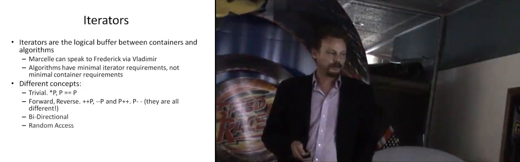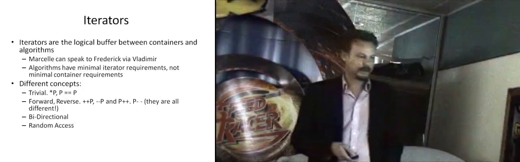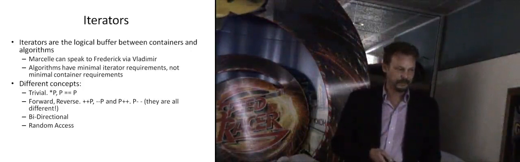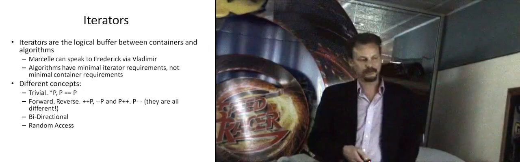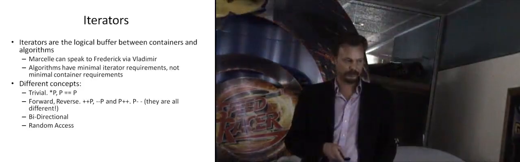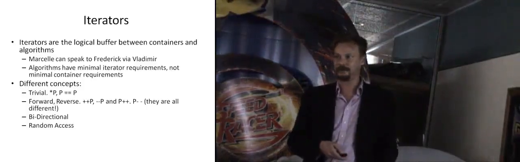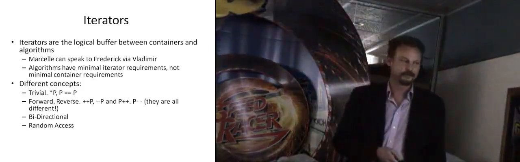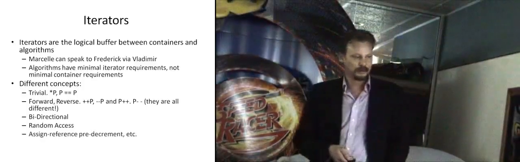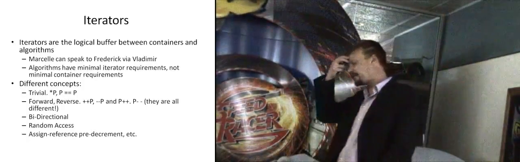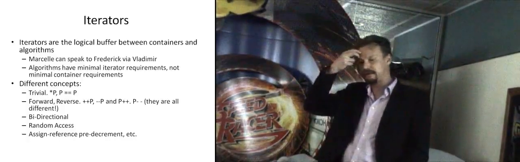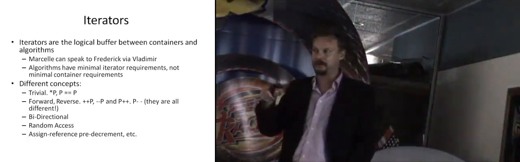There are also bidirectional iterators and random access iterators. Bidirectional is a refinement of either one of these, which is both of those together. And random access is your C++ pointer. Surprising that this is so complex, isn't it? All C++ pointers are trivial. And there are also other more convoluted requirements, such as *++p.